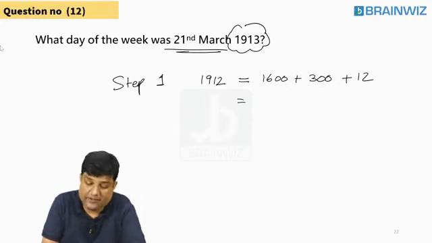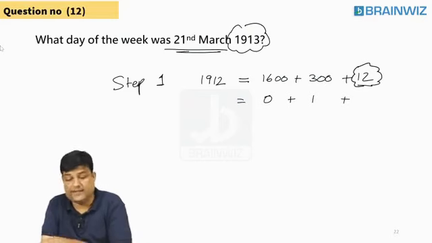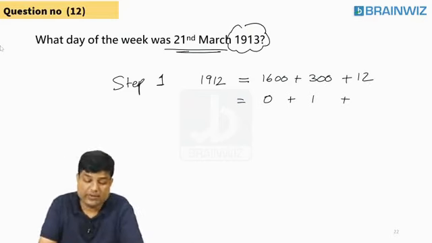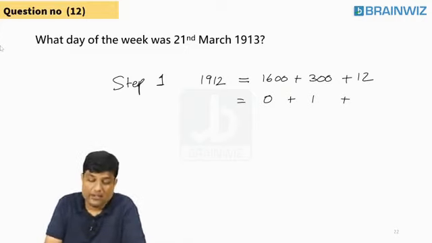So in 1600 we have got 0, in 300 we have got 1. Now this is 12 what? Students, this is 12 years. These are not 12 days. These are 12 years, students. So these 12 years are what years?